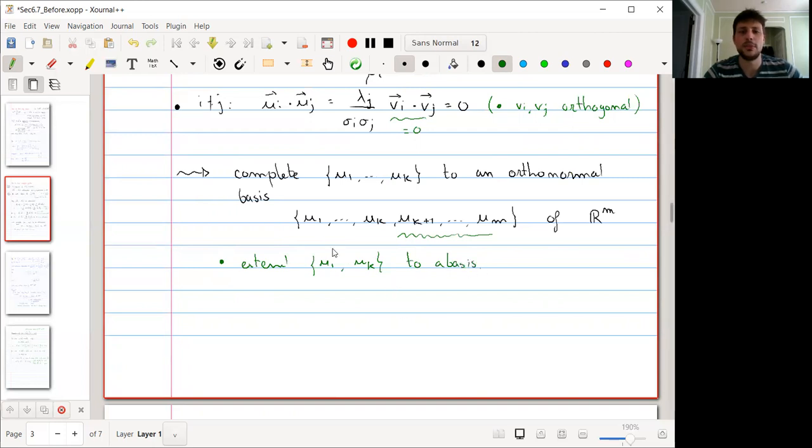You can always do that because u1 through uk is a linearly independent set. And then once you've done that, you can use Gram-Schmidt on the new vectors so that the new basis is orthogonal.